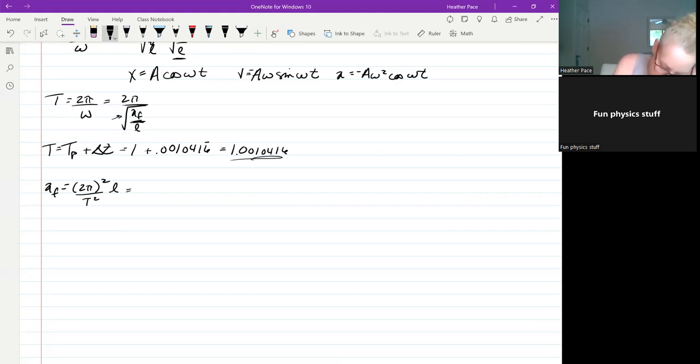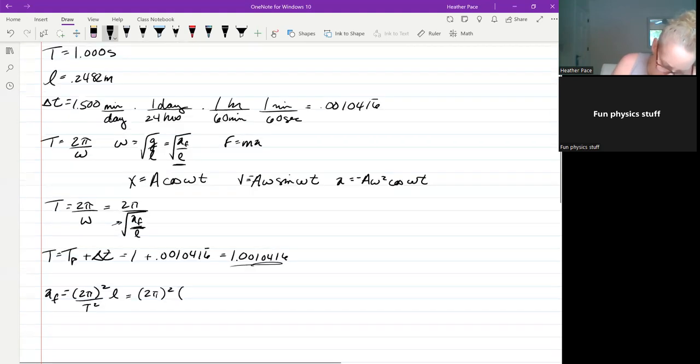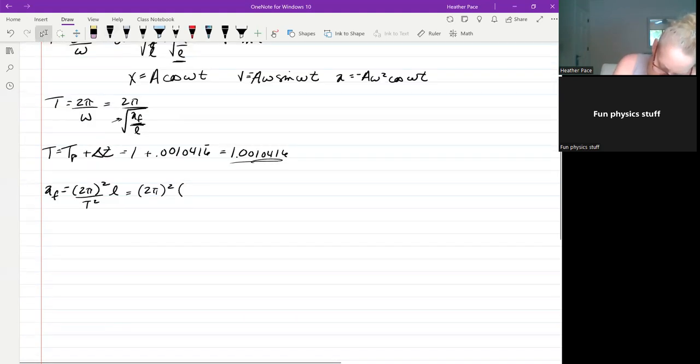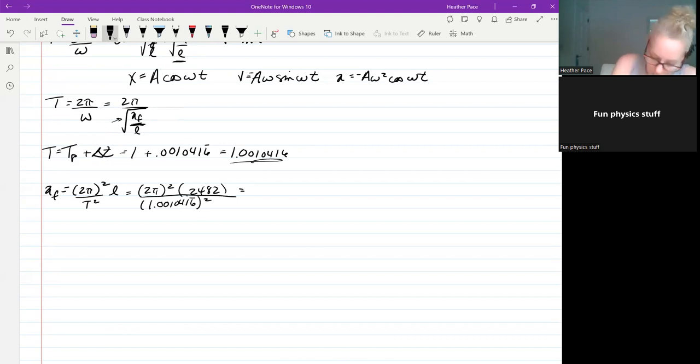So we're going to plug in what we know. What was L again? 0.2482, and our T is 1.0010416 squared. And you end up with 9.7785.